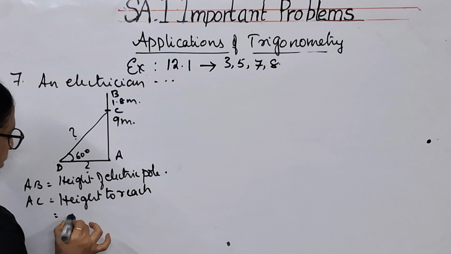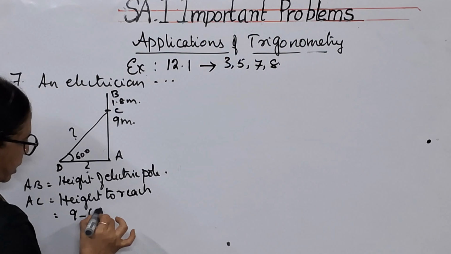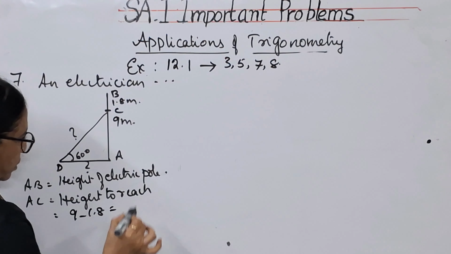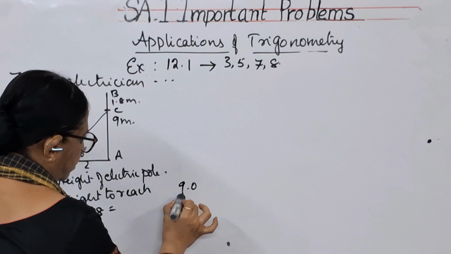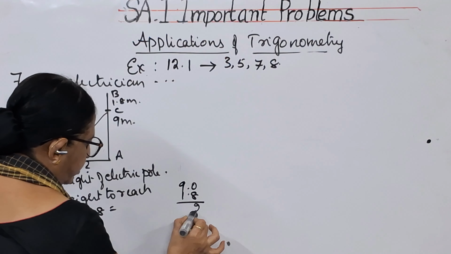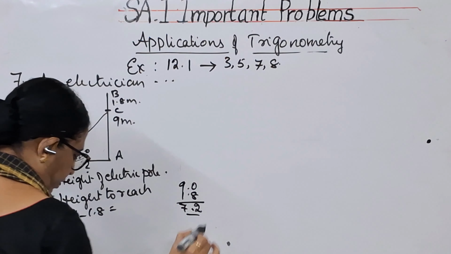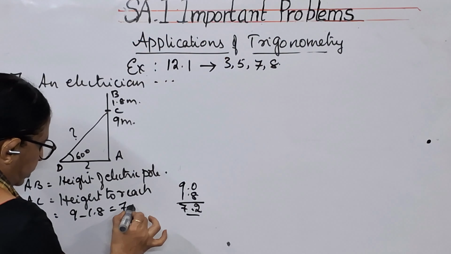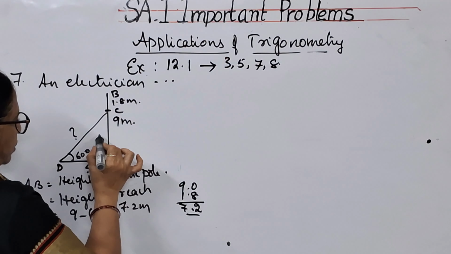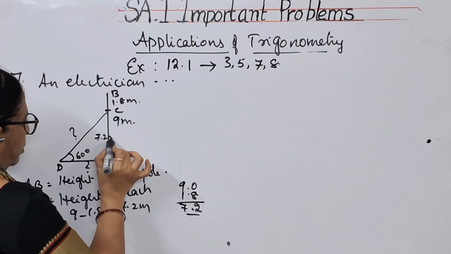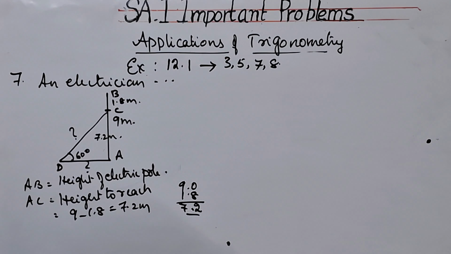How will you get, children? From 9 meters you have to subtract 1.8. Here you will be getting 7.2 meters. So this height is 7.2 meters.